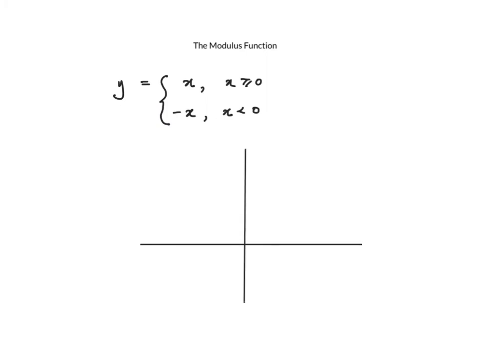So, if we draw some axes, the first part then, the line y equals x, looks like this here.